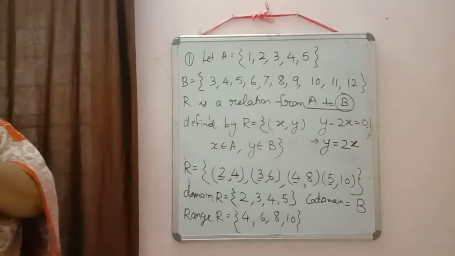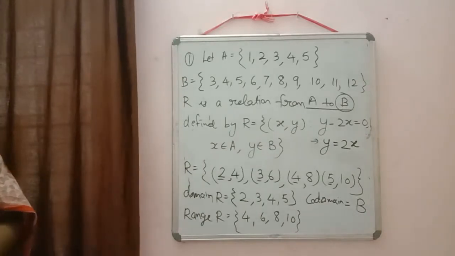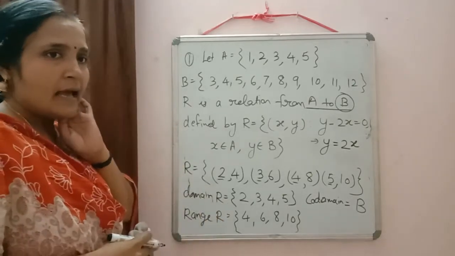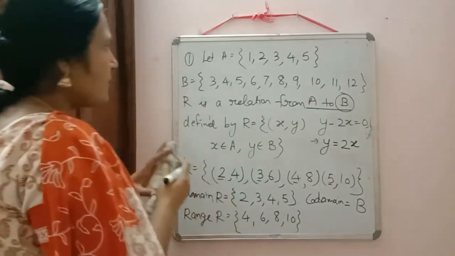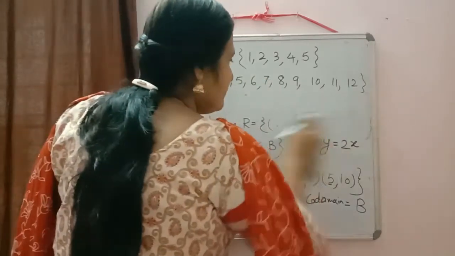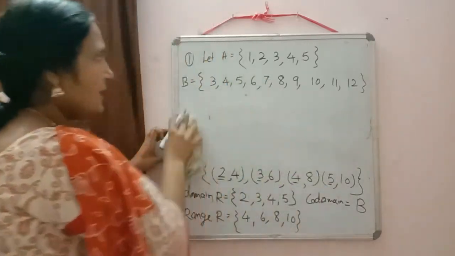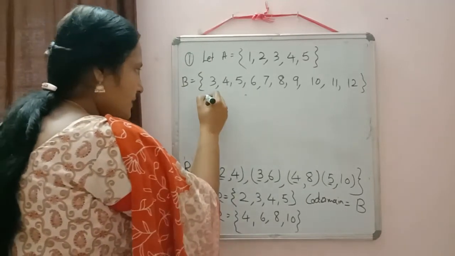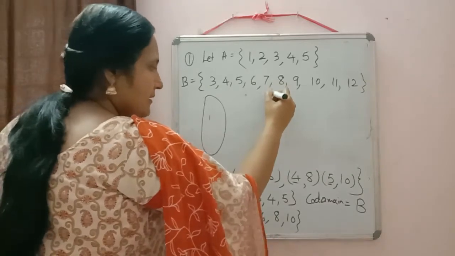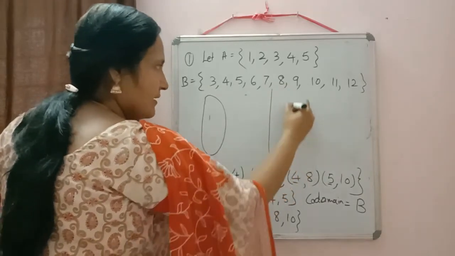And what is left now? Yes, we have to draw its arrow diagram. Now we will check how to draw the arrow diagram. To draw the arrow diagram, what do we have to do? We have to list the elements of A and B. So I am writing the elements of A here, and B here.